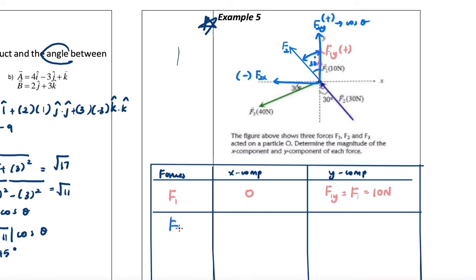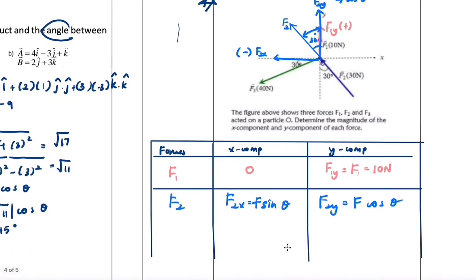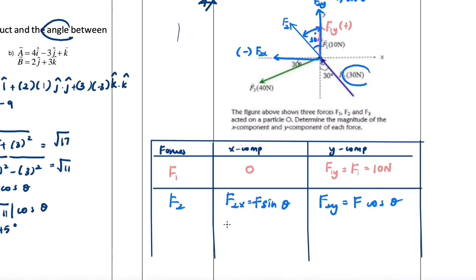So we have F2, di mana x komponen dia adalah F2x equals to negatif F sin theta. Kalau yang ni F2y equals to F cos theta. This one is positive. Okay, dan nilai F kita yang diberi adalah 30 Newton. So equals to negative 30 sin 30 degree.